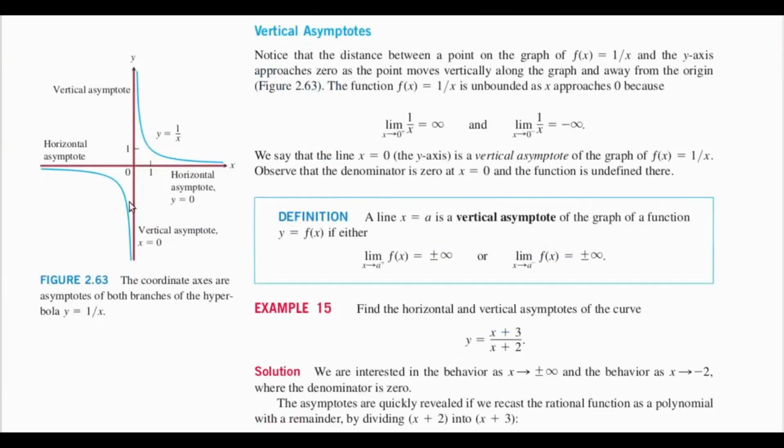Next we have now the vertical asymptotes. So the horizontal one we have already done. Now let us discuss the vertical asymptotes.